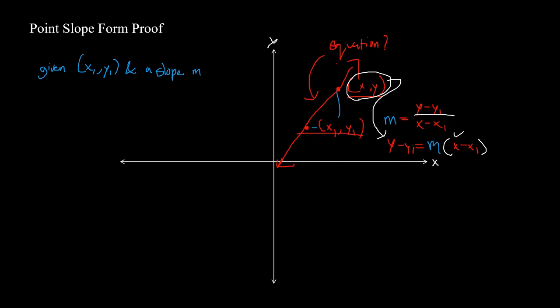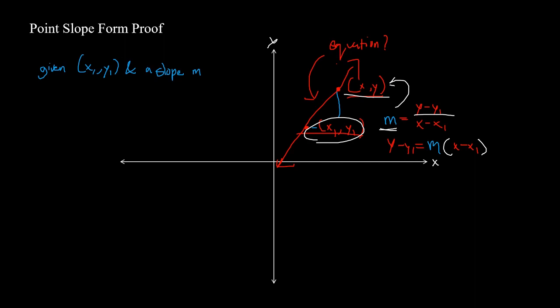Let me erase those lines. What this point over here, x, y, is, is just a general point, and we constructed it using the slope. Given the first point as well as the slope, we were able to construct a second general point. So it's arbitrary. We don't really know where it is.